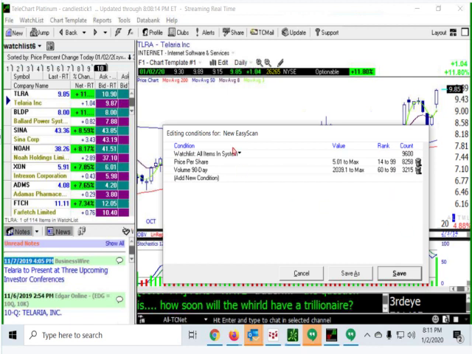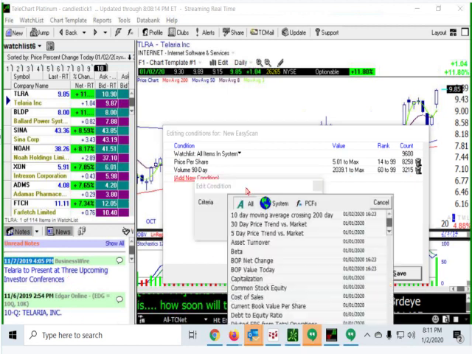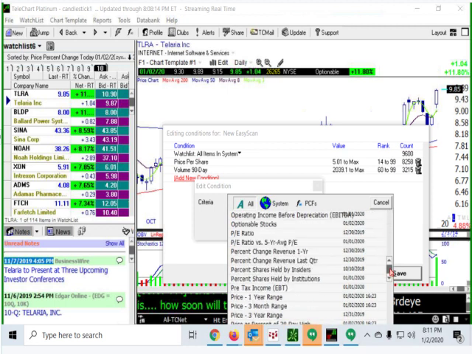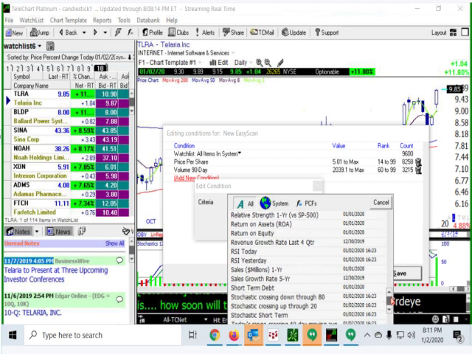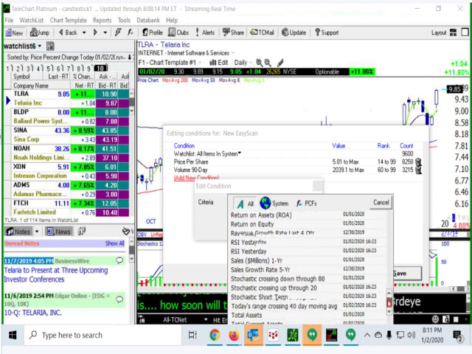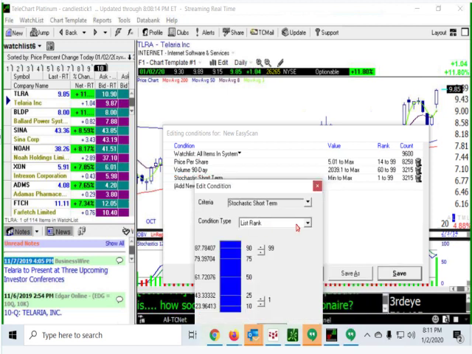All right, so that's the same trading universe that I have for all stocks. But let's say I want to find the ones that are in the oversold condition. That means I can come down here to my stochastics. I guess it's stochastics short term, and I want the value.